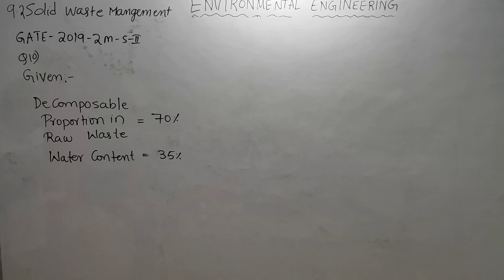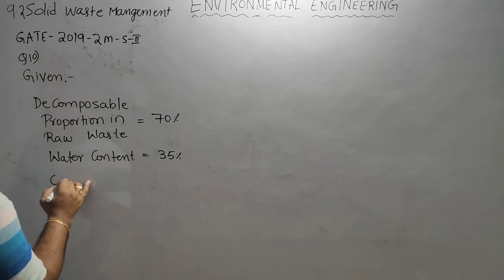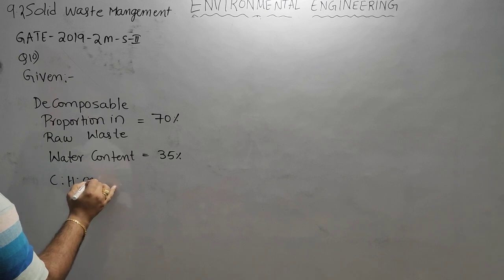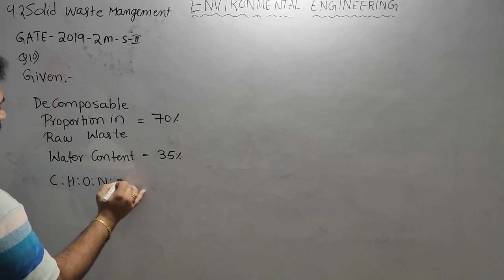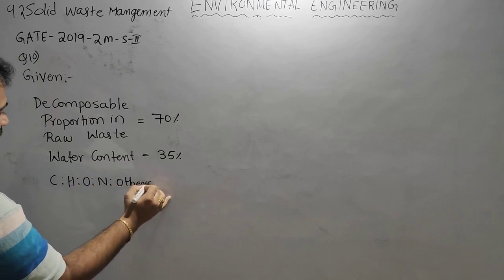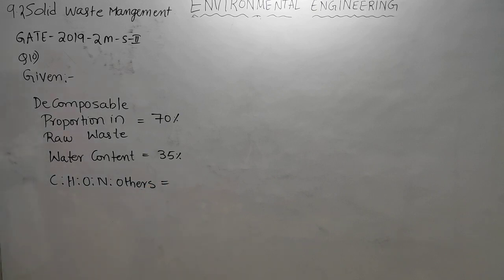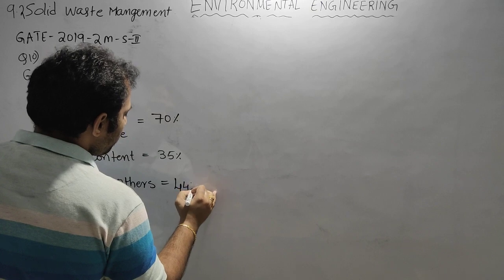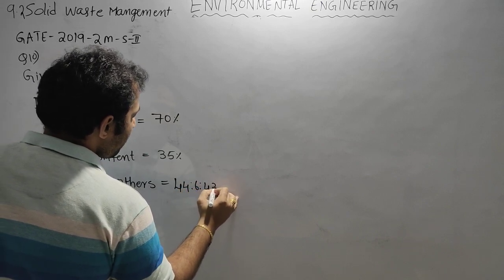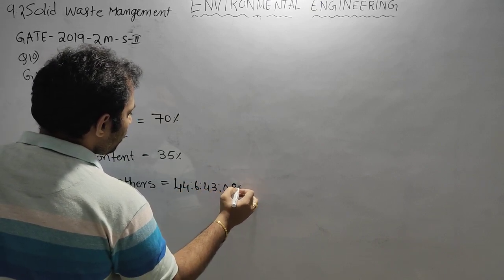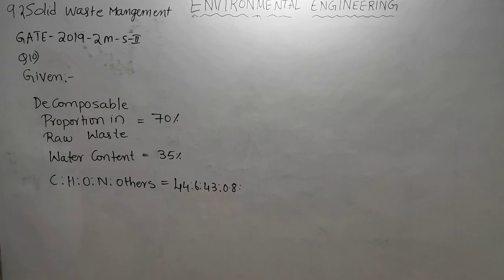Okay, and the relationship between the different proportions: carbon, hydrogen, oxygen, nitrogen, others is 44, 6, 43, 0.8 and 6.2.